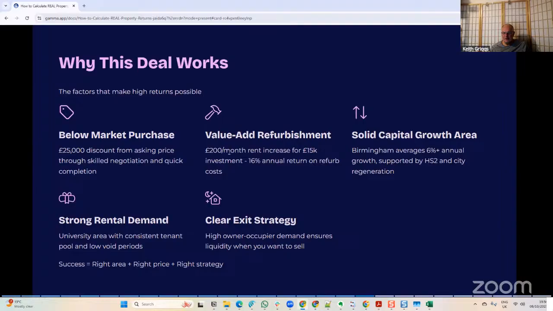Then look at ways to add value using refurbishment, which will increase the capital value and also the rental income. Look for areas of solid capital growth. Don't look for areas with a dying industry, where people are moving away, because that's not going to go up in value. Look for strong rental demand so you can rent it out easily, and look for a clear exit strategy. You want one you can sell easily, for example where there's good demand for owner-occupied property.